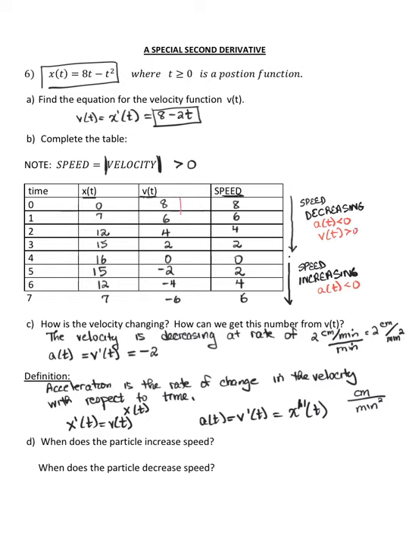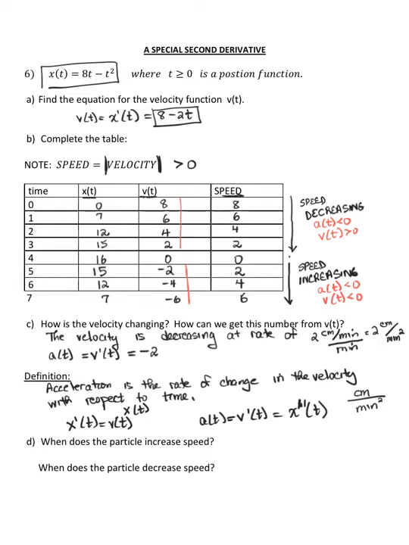If we look at these numbers. And here, when the speed is increasing, our velocity was negative. So can we make a conjecture of when a particle is increasing or decreasing speed, looking at both the signs of the acceleration and the velocity? Well, let's fill in our part D.